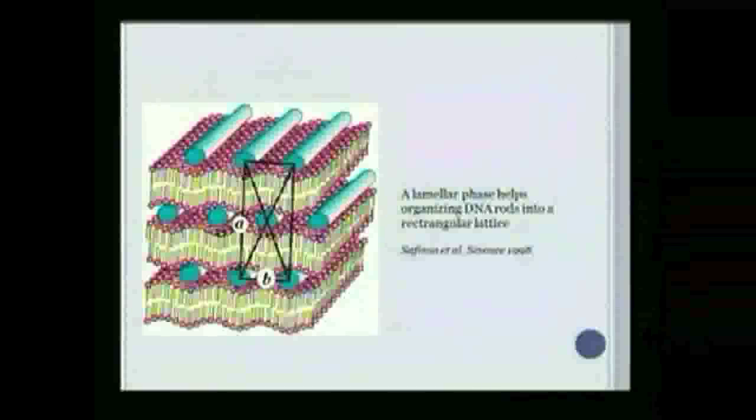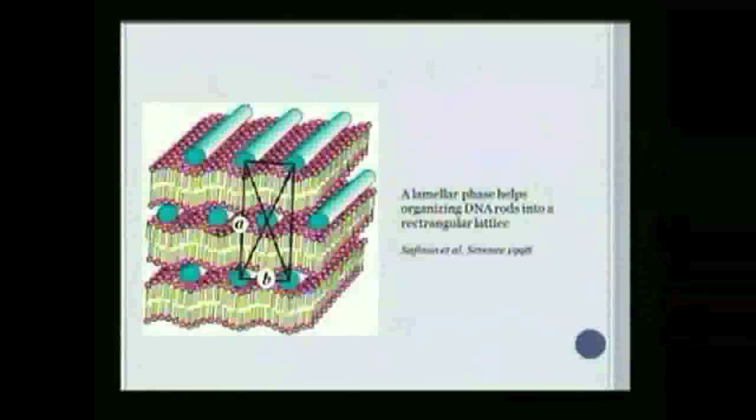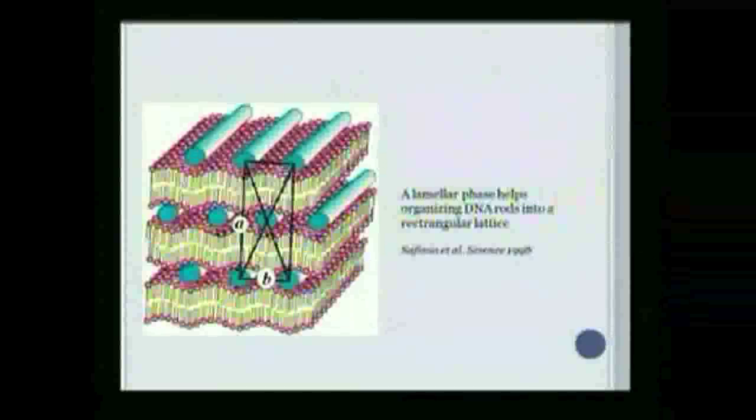And of course, the Saffinia, who is the precursor of this work, has done a lot of characterization, and it's a way to organize DNA, and after that to study the properties of DNA, for example, to measure the curvature and the elastic constants of DNA, because via X-ray it's possible to do that once you have organized it within the lamellar phase.